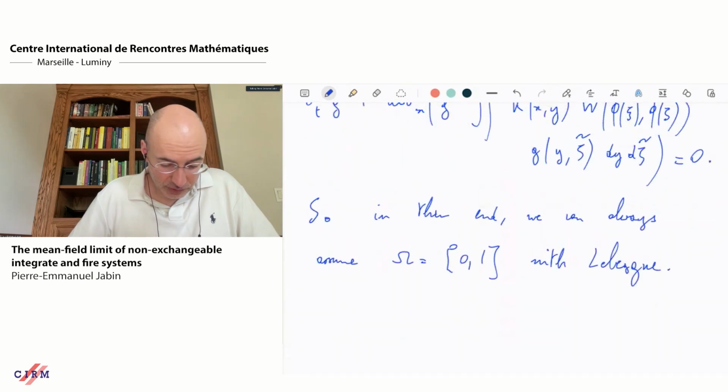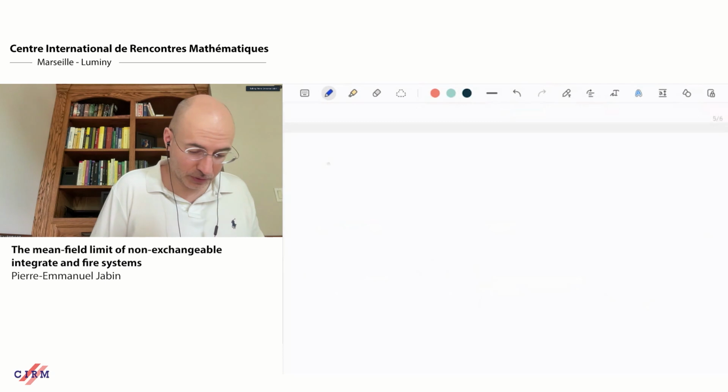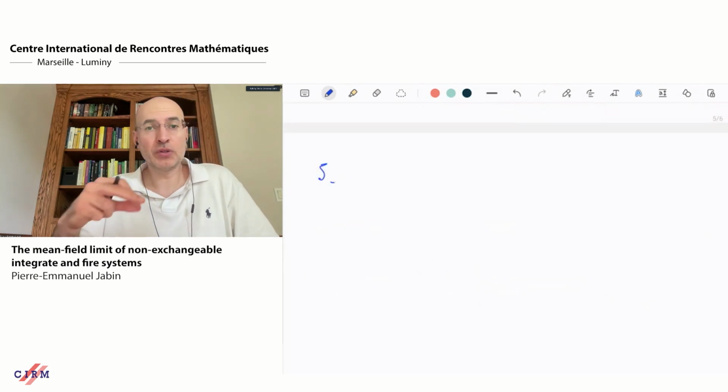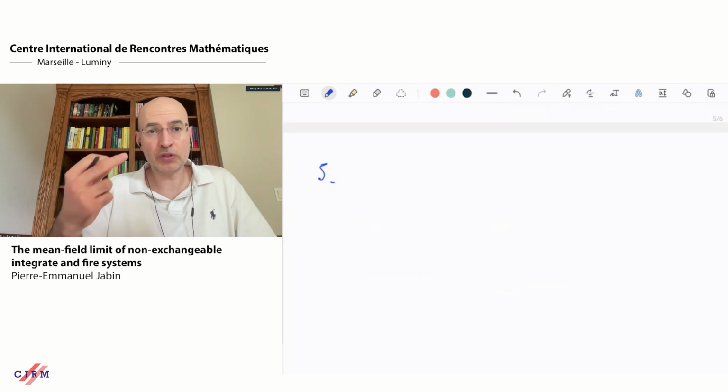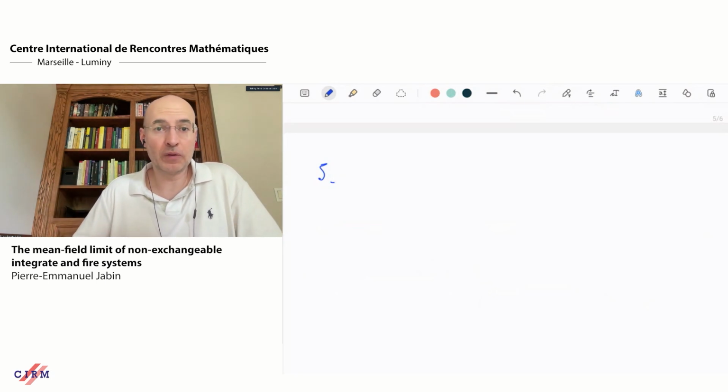Okay. And a last remark here that I'm going to be relatively quick with. In that particular framework, there is also another interesting notion outside of the mean field limit, which is called the graph limit.